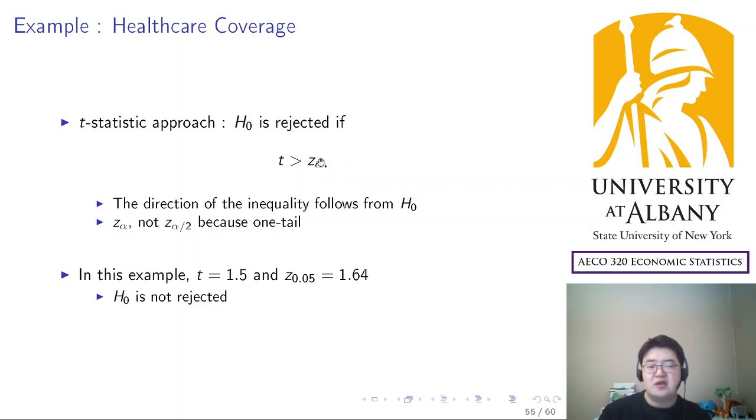So you have to take z alpha, which is 1.64, and your t-statistic is not greater than this. So H0 is not rejected again, right? Only when the t-statistic is greater than 1.64, then you admit the positive effect of the Affordable Care Act.